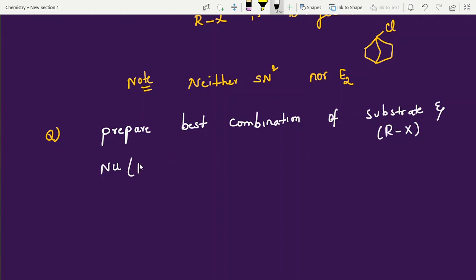What is substrate here? Rx. What is the nucleophile here, students? Yes, RO minus. For Williamson synthesis, for the following ethers.